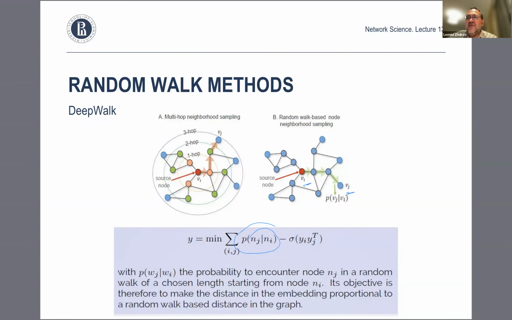If we have an embedding vector representing node i and a vector representing node j, we can look at their similarity and think of the dot product as approximating those probabilities.